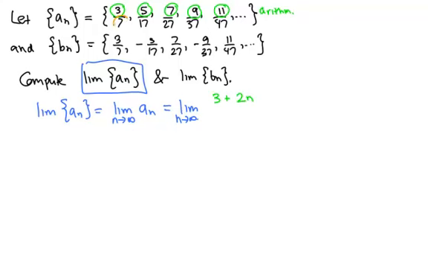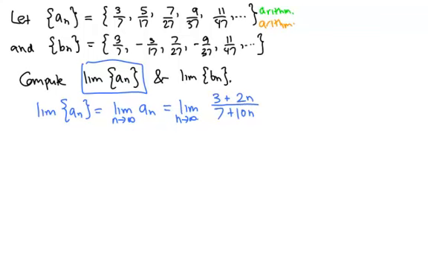Well, can we pull the same stunt off for the denominator? The 7, 17, 27, 37. Well, evidently they're going up by tens each time. So the bottom is a separate arithmetic sequence, starting at 7 and going up by tens each time. And so we've got the sequence 3 plus 2n over 7 plus 10n.